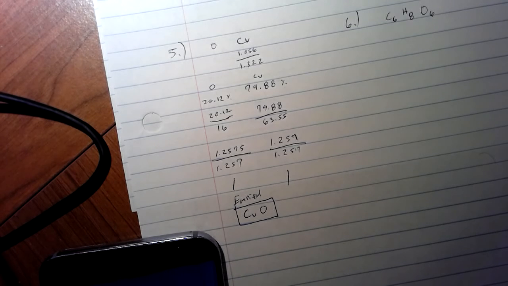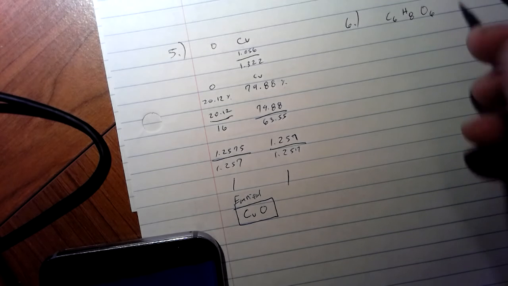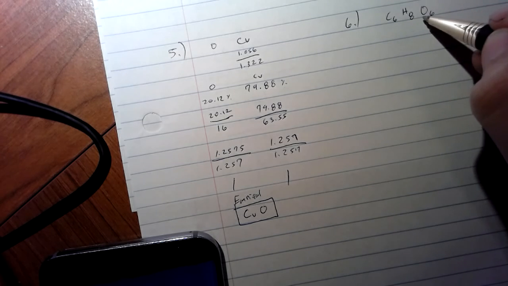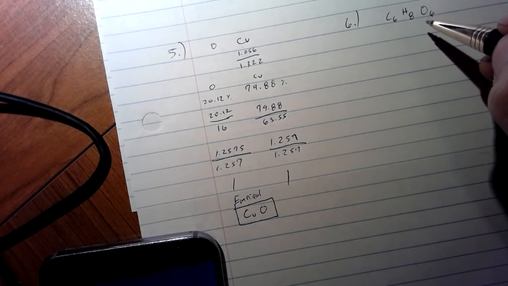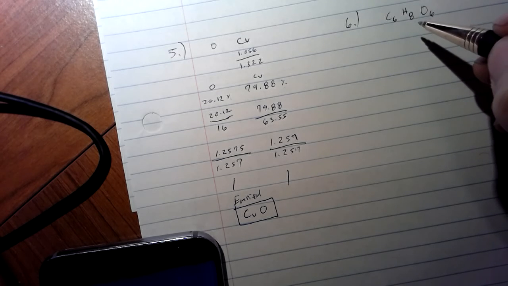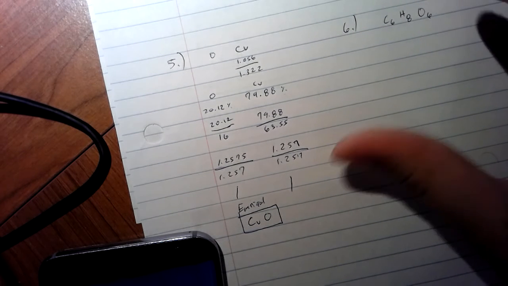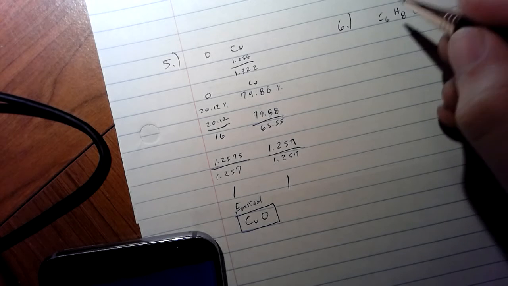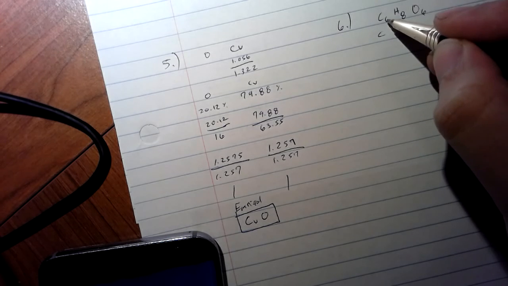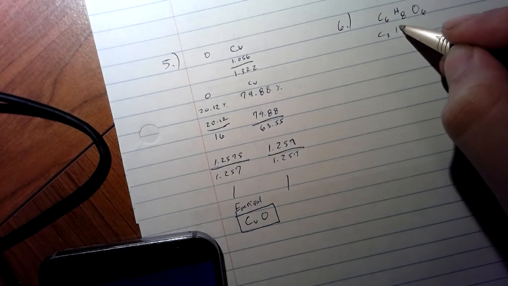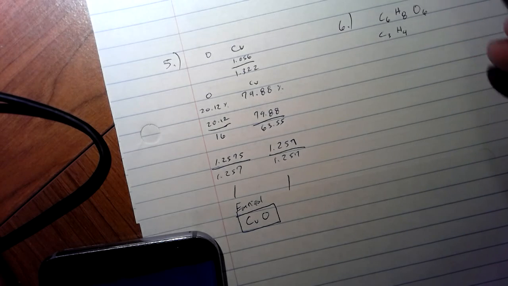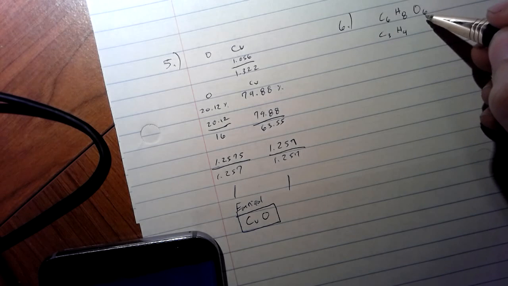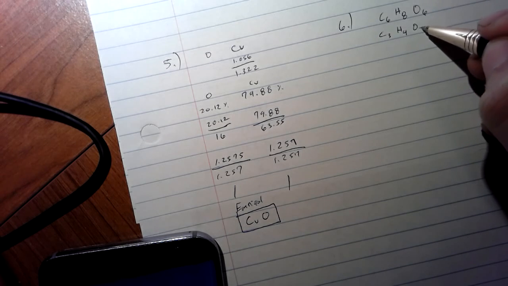So remember that the relationship between molecular formula and empirical formula is that empirical formula is the smallest integer multiple for all of the values. So in a sense, it's like simplifying or reducing fractions. So all of these numbers are divisible by 2. So this can give us C, and then 2 goes into 6 3 times, and then 2 goes into 8 4 times, and then 2 goes into 6, sorry, 3 times.